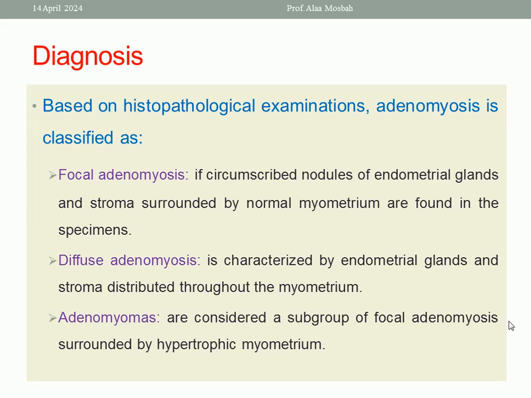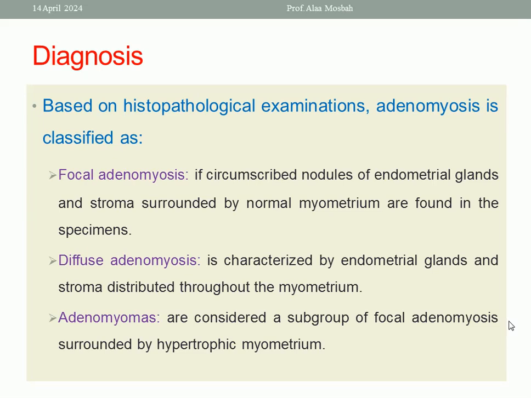Okay? So in the diffuse type, endometrial glands and stroma are distributed throughout the myometrium, while in focal adenomyosis, there is a circumscribed nodule of endometrial glands and the stroma surrounded by normal myometrium. Okay?